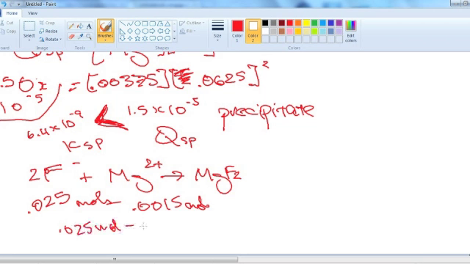Alright. 0.0015, you're going to want to multiply this by 2. Yeah. That equals 0.022 mole. Moles are always lowercase.